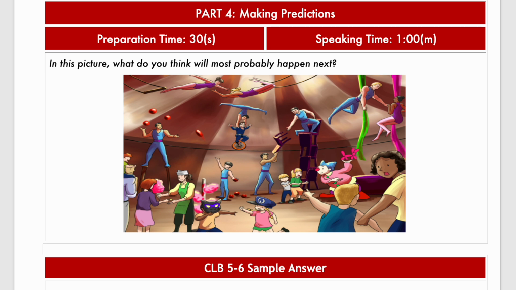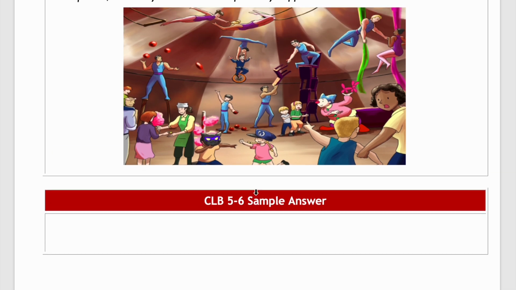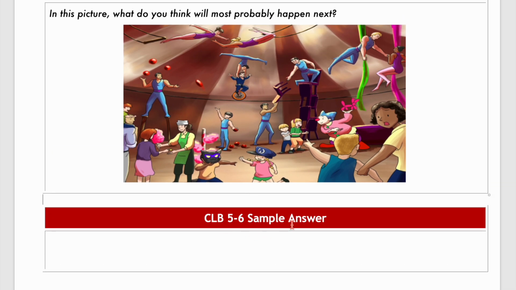For now, I am going to build a sample answer for level 5-6. Just 5-6 is the one that we want to focus on for this example. For that, we want to give 1, 2, or 3 ideas about what you think will happen next.